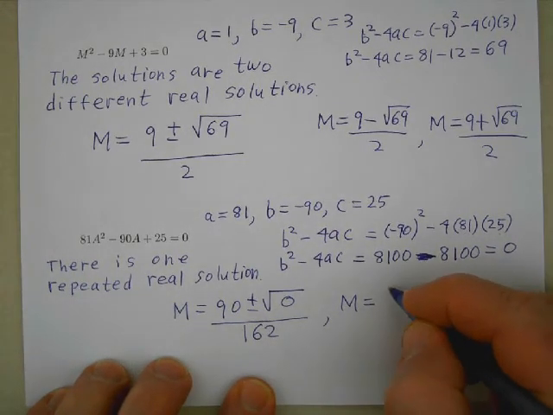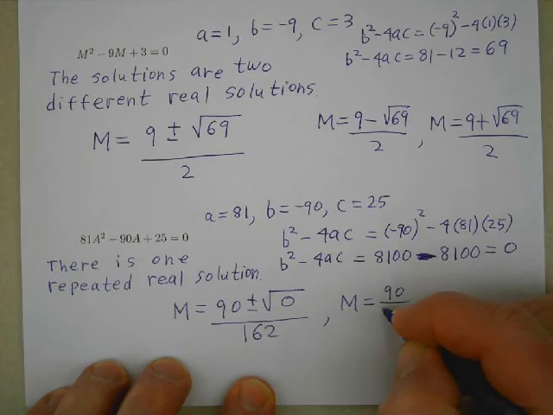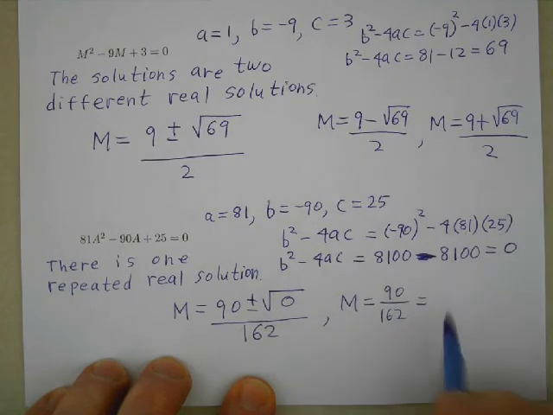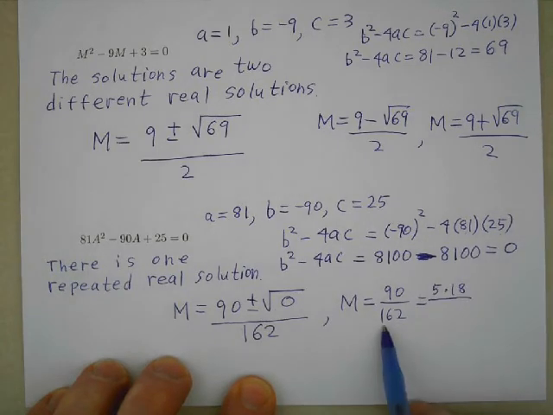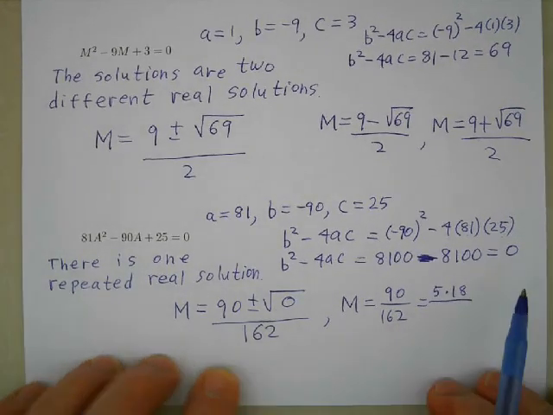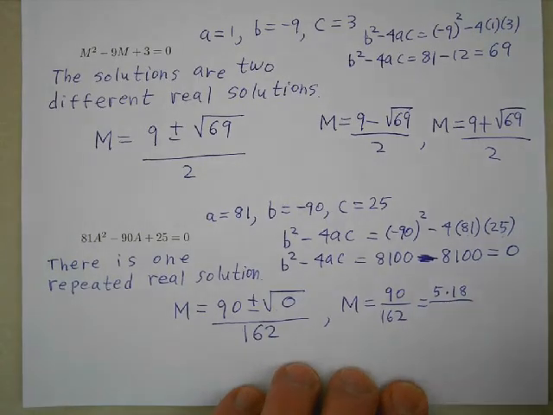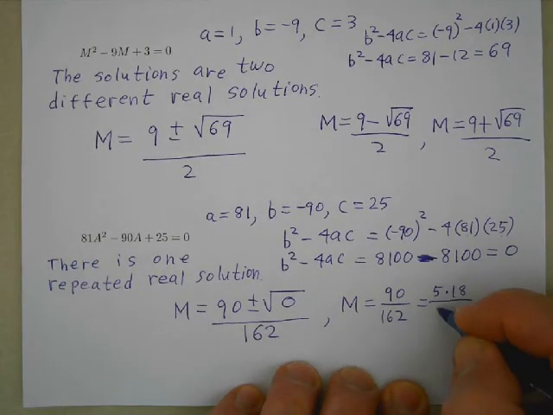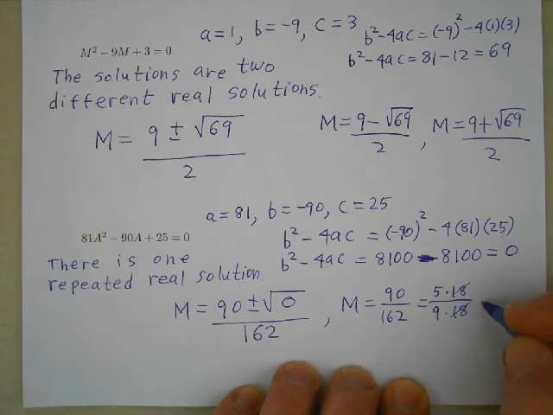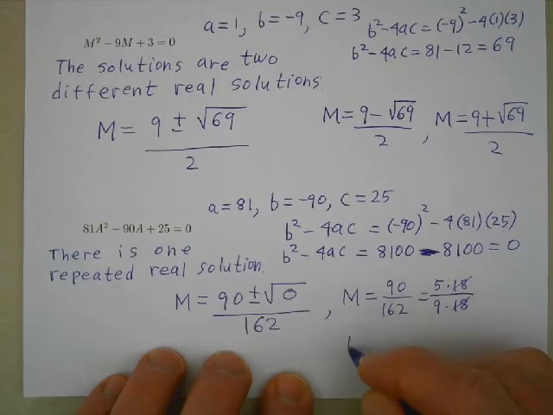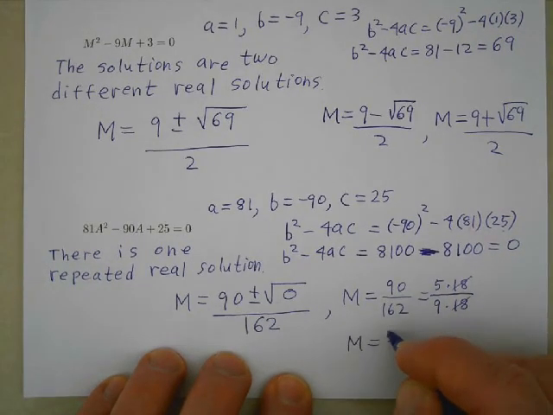So I'll just write 90 over 162. 90 is 5 times 18, and 162 is 9 times 18, and then 18 divided by 18 cancels, so the one solution is 5/9.